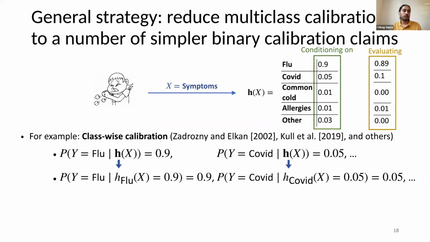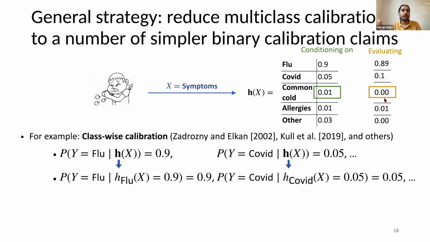Again, to illustrate the difference: instead of conditioning on the full vector and evaluating the full vector on the right, you could just evaluate the first element, and it looks great. The second one, not so much. The third looks okay, but perhaps if you normalize by 0.01, then it's not so great.